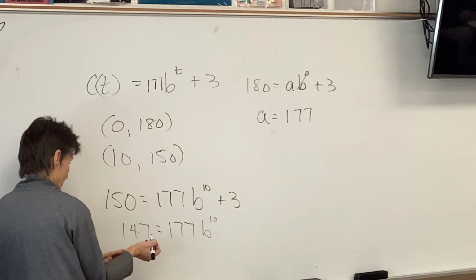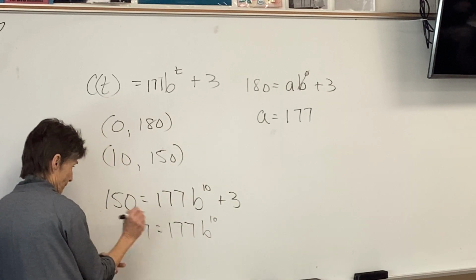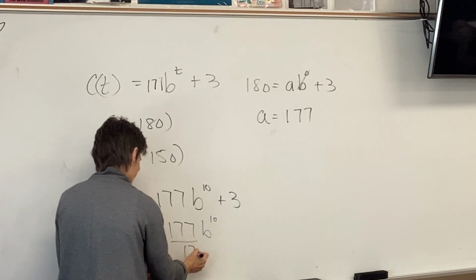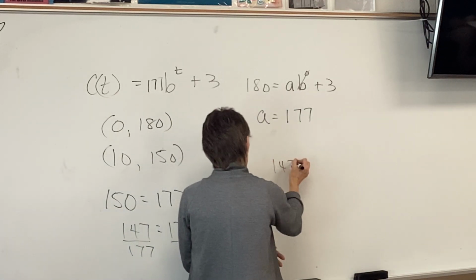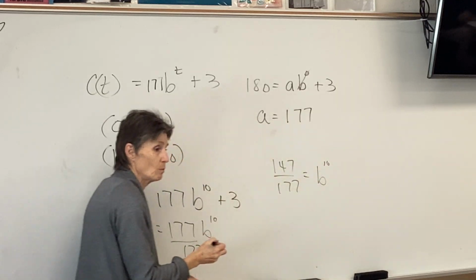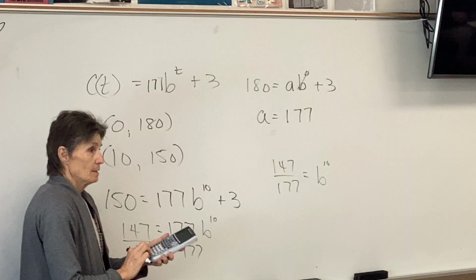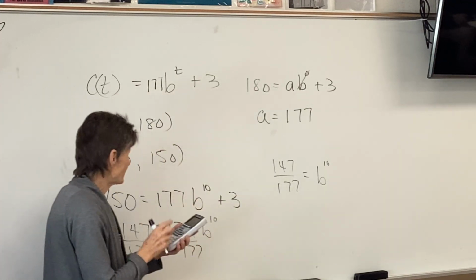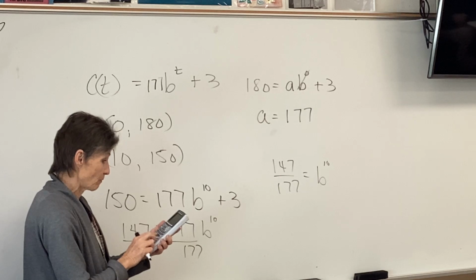I'm going to solve that, so what am I going to do? Divide. So 147 over 177 equals b to the 10th. So now I will 10th root it, or raise it to the 1/10th power, whatever's easiest for you.